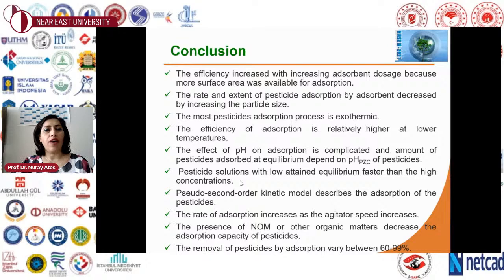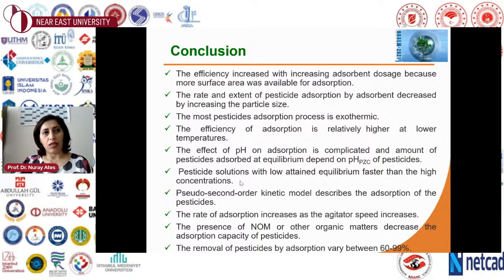The effect of pH on adsorption is complicated, because it depends on the solution pH and also on the pesticide's pH PZC value.